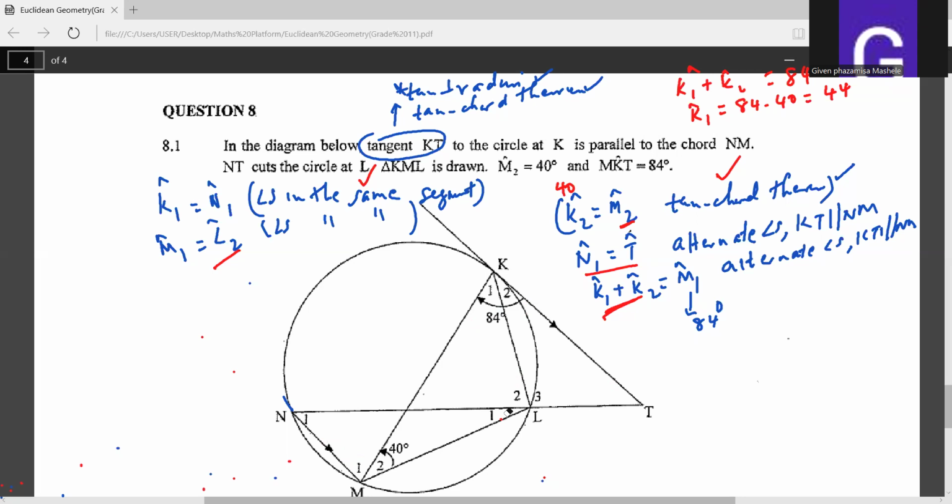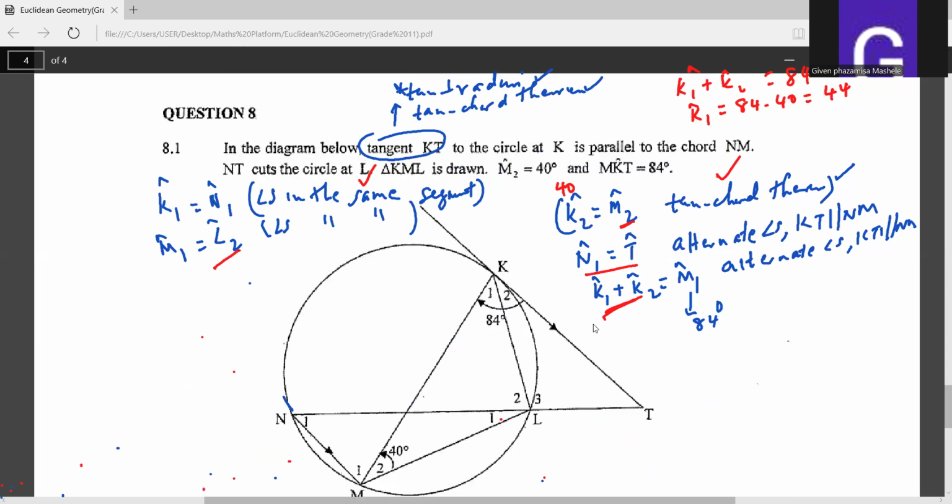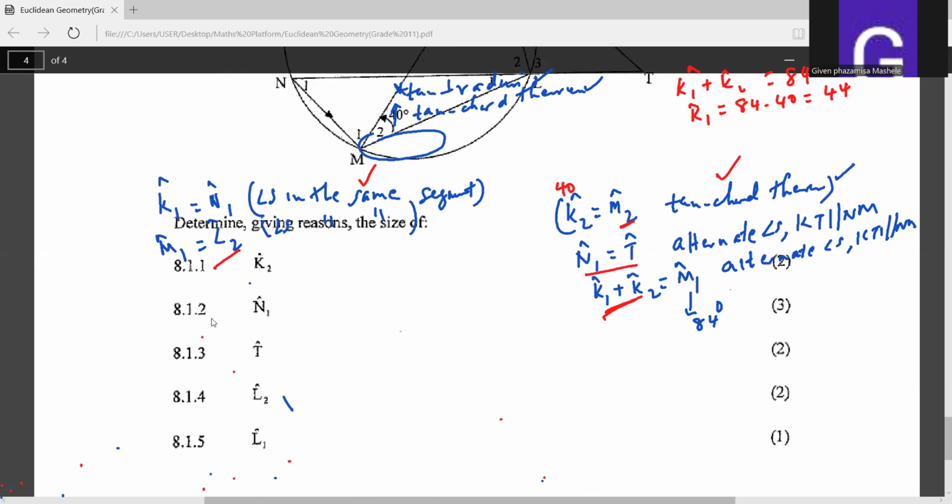So if we look at the questions, the first one says, determine the size of K2. K2 already we have. K2 equals 40 because of the tan-chord theorem: K2 equals M2, and M2 is 40. Then it says determine the size of N1.